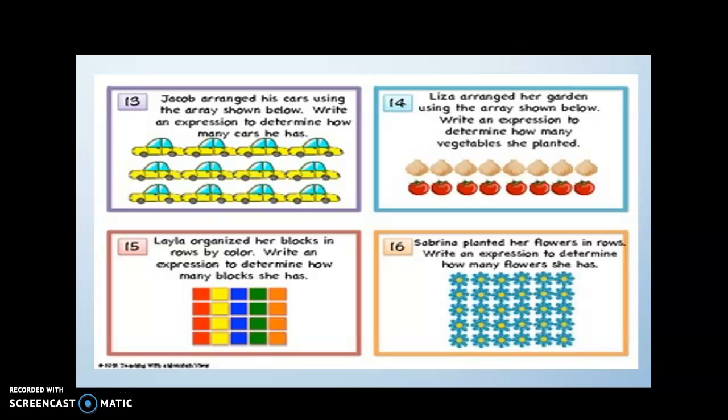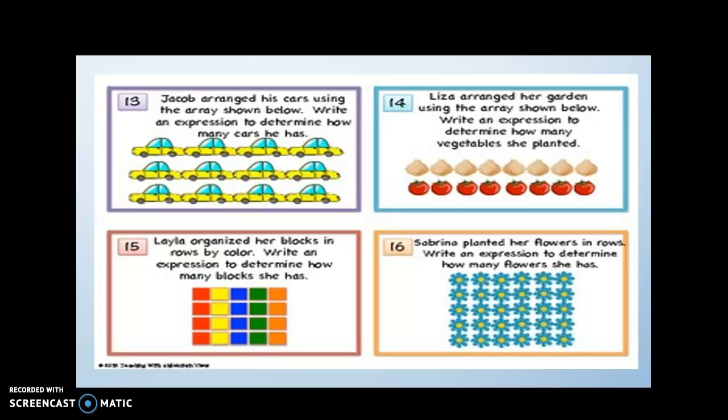So Sandy, how many columns do we see? That is correct. We see 4 columns of cars. Now, how many rows of cars do we see, Andy? That is correct. We see 3 rows of cars.